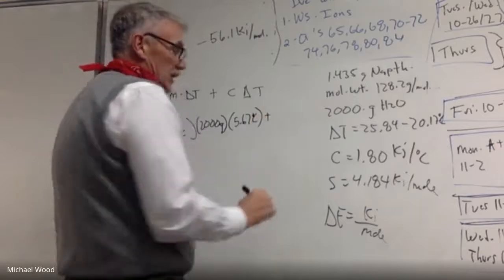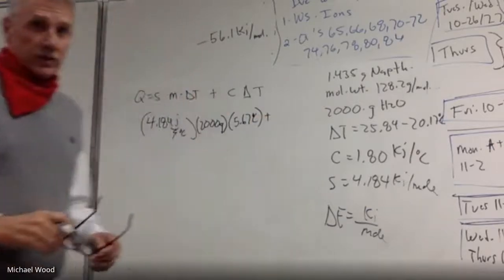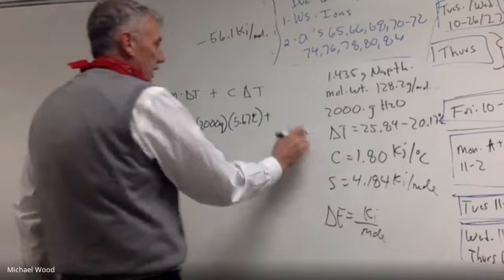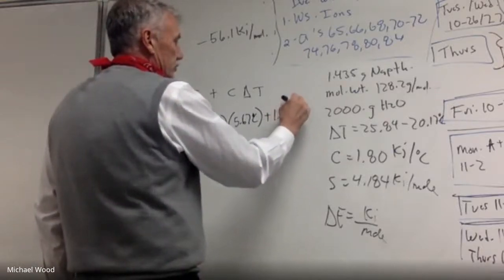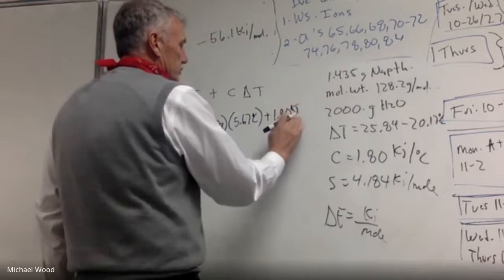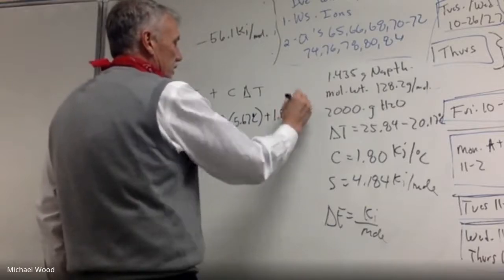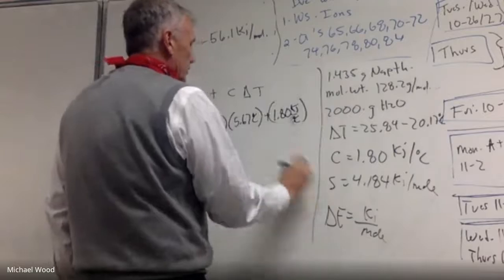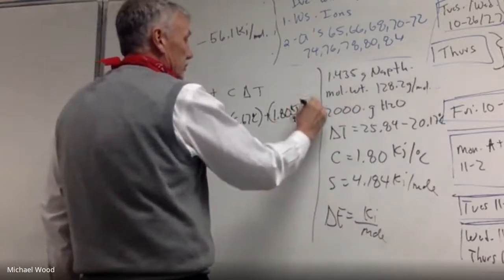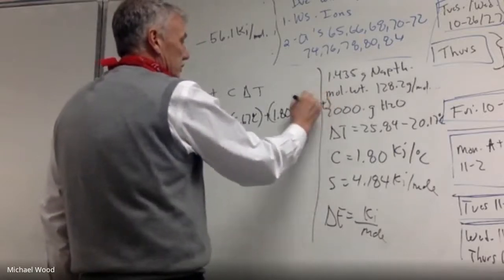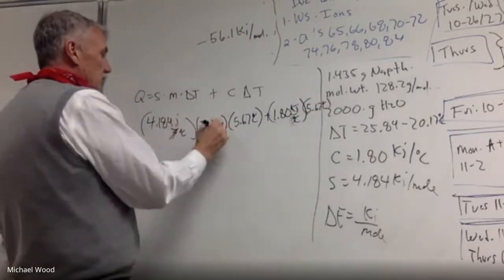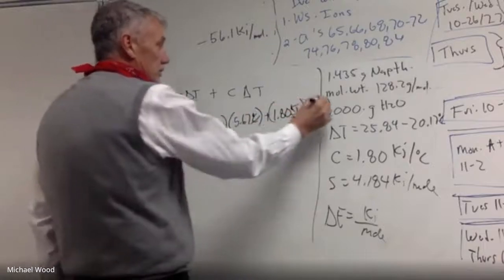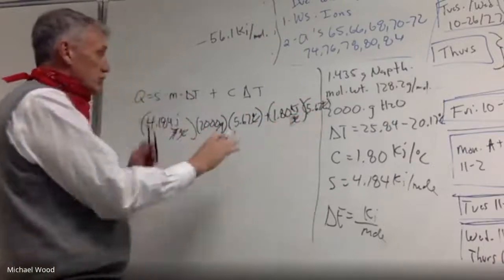And then the CAT part of this. So I come back here to CAT, and you've got to watch the units here a little bit. This is kilojoules per degree Celsius, and the delta T part would be the same number, 5.67. So again, I check the units. Grams cancel, degrees Celsius cancel, so here I have joules and here I have kilojoules.